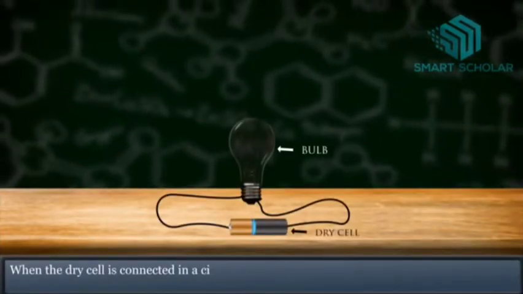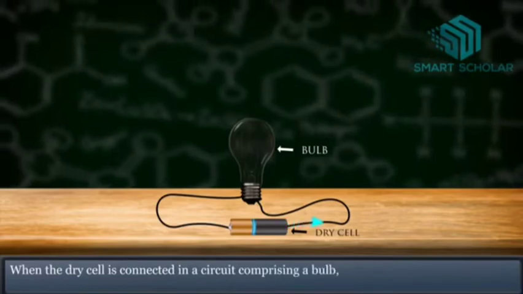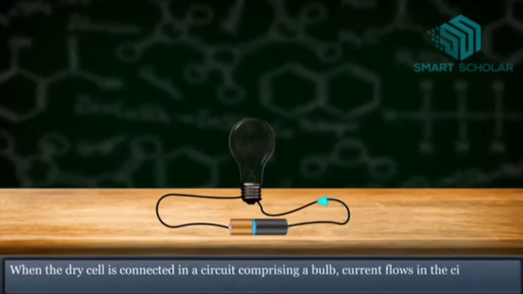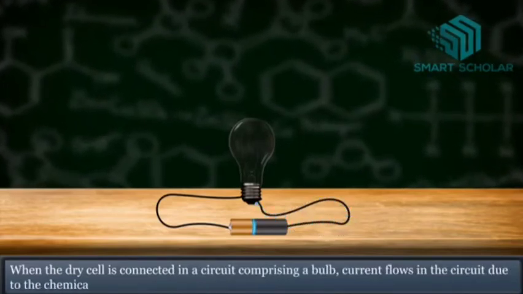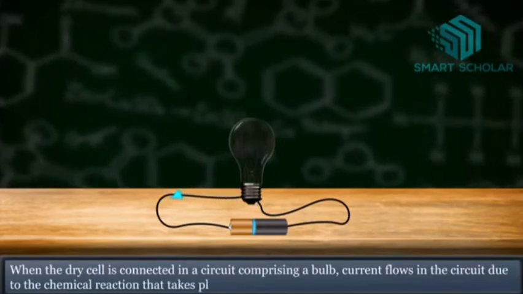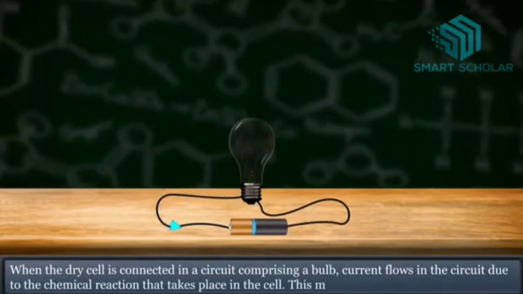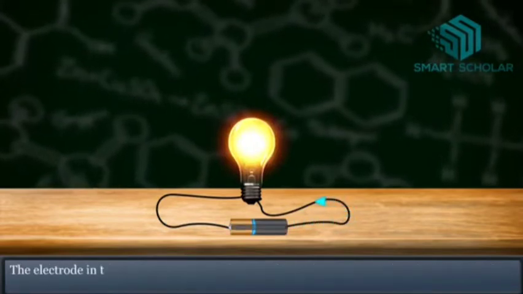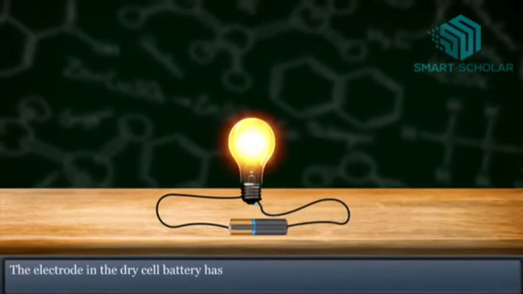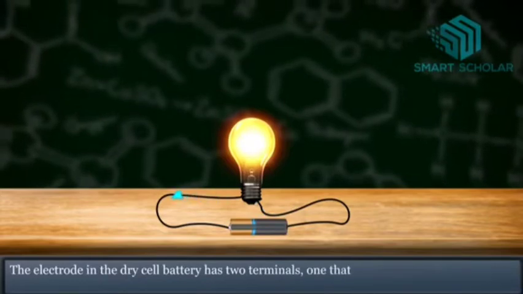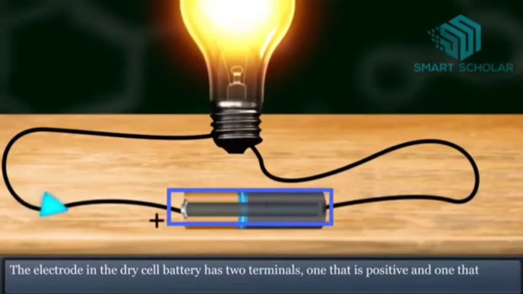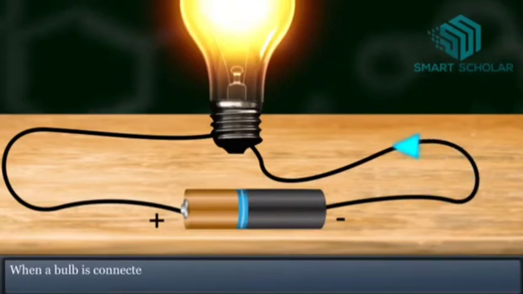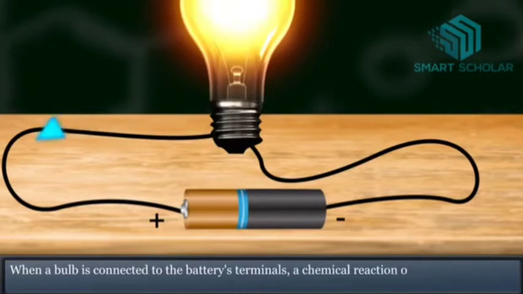Working of a dry cell. When the dry cell is connected in a circuit comprising a bulb, current flows in the circuit due to the chemical reaction that takes place in the cell. This makes the bulb glow. The electrode in the dry cell battery has two terminals, one positive and one negative.